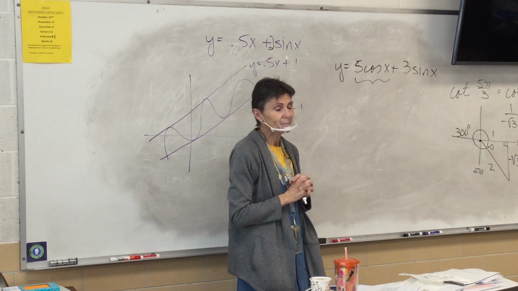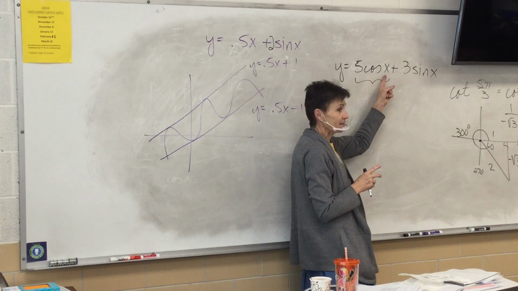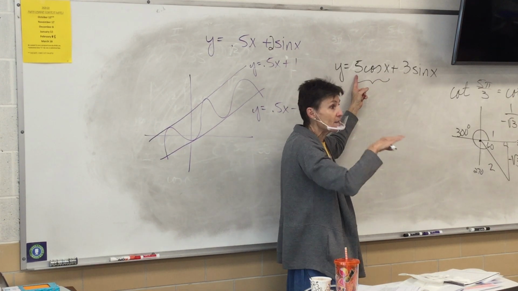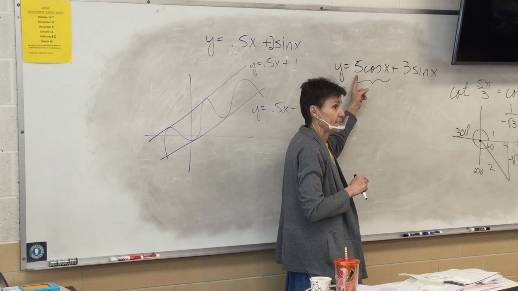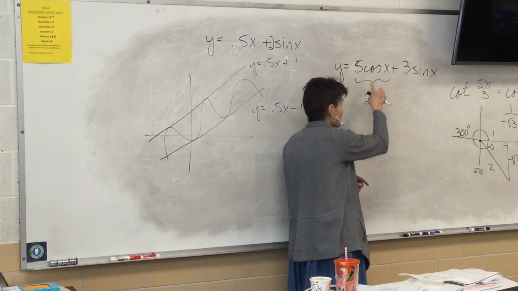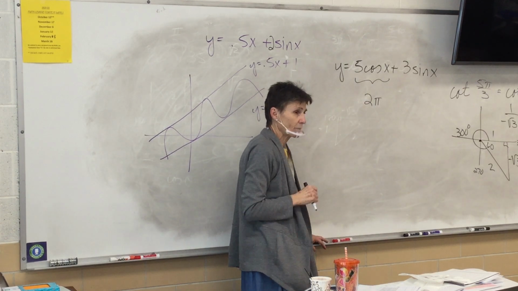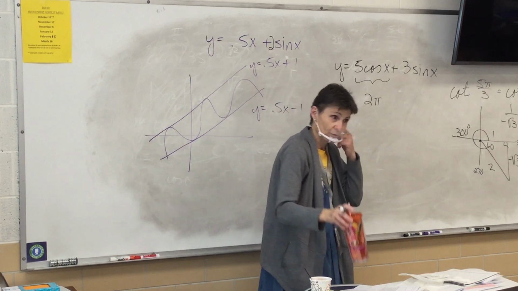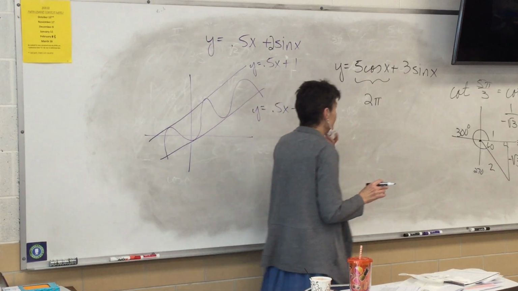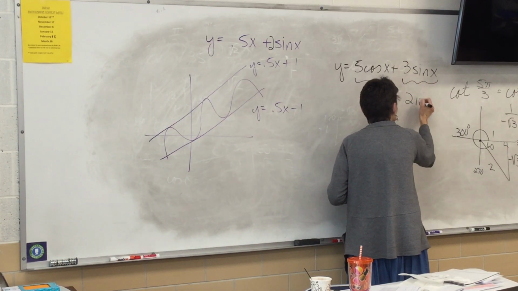Because how do we find the period of a sine or cosine? 2 pi divided by this coefficient, right? This coefficient has nothing to do with period. It's 2 pi over 1, or 2 pi. That's the period of that guy. Agreed? All right. What's the period of this one? 2 pi.